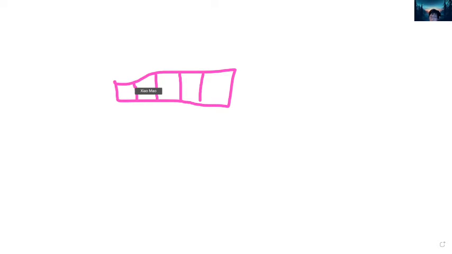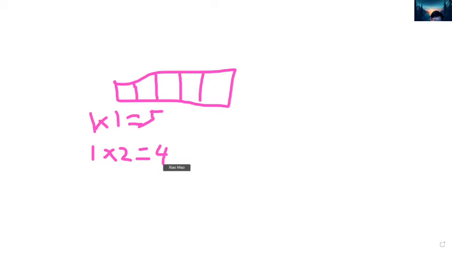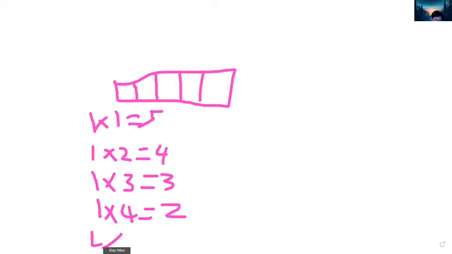And then the number of 1 by 1s is 5. The number of 1 by 2s is 4. Number of 1 by 3s is 3. And the number of 1 by 4s is 2. And then the number of 1 by 5s is just 1.